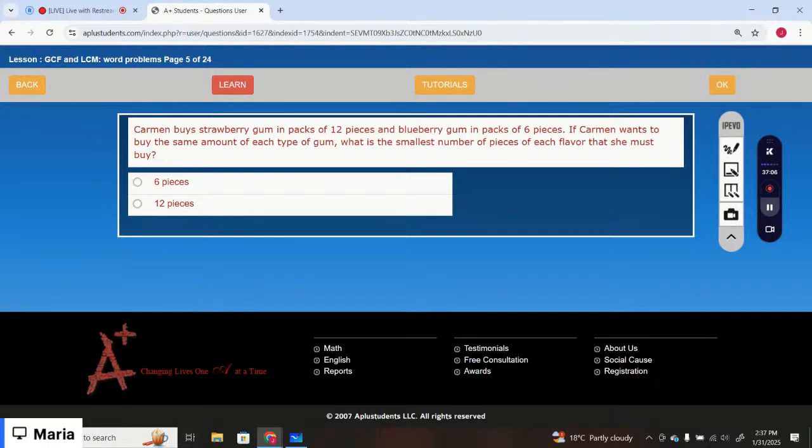Carmen buys strawberry gum in packs of 12 pieces and blueberry gum in packs of 6 pieces. If Carmen wants to buy the same amount of each of the gum, what is the smallest number of pieces of each flavor that she must buy? So, which is the correct option?